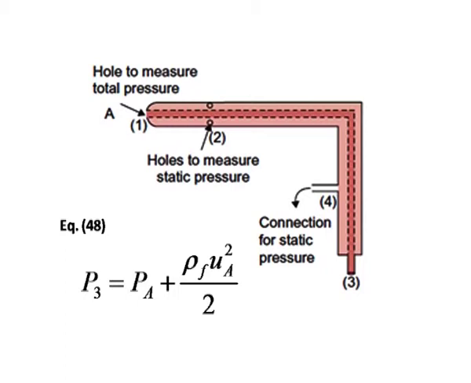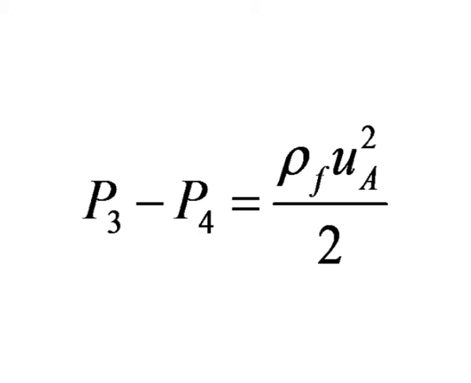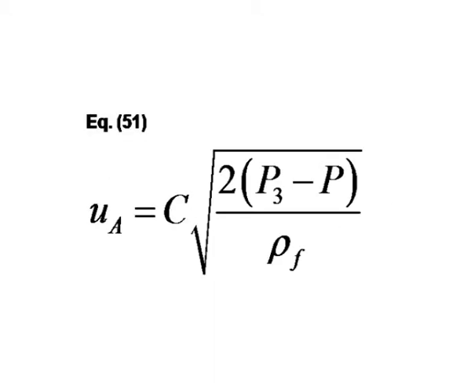If the elevation difference between locations 2 and 4 is negligible, then P4 is equal to P2 is equal to PA. Then from equation 48 and equation 49, we get P3 minus P4 is equal to rho F UA square divided by 2, or UA is equal to square root of 2 into P3 minus P4 divided by rho F.